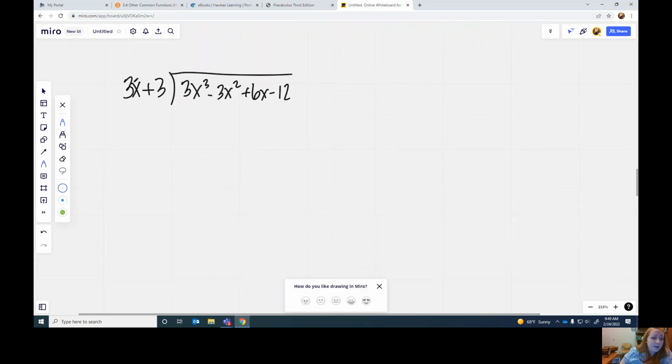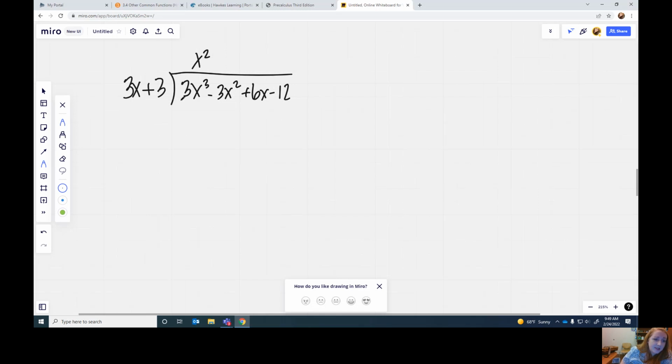So starting off here, what do we need to multiply 3x by to get 3x cubed? The coefficients are the same, but in order for us to get from x to x cubed, we would need to multiply by x squared. So we're going to multiply by x squared.